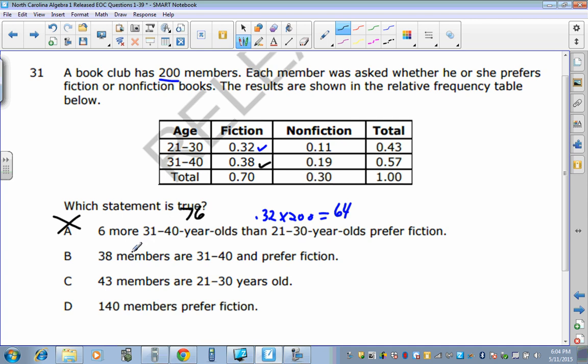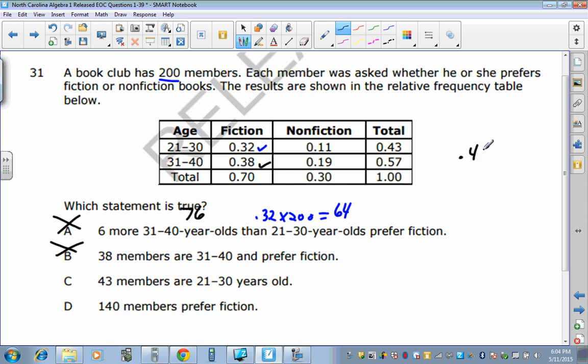Okay, 38 members are 31 to 40 years old and prefer fiction. That is false. We know that is not the number, that is the percent. Actually that's 76 people. Okay, 43 members are 21 to 30 years old. That is incorrect.